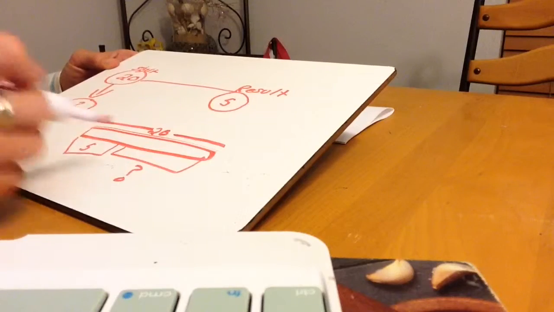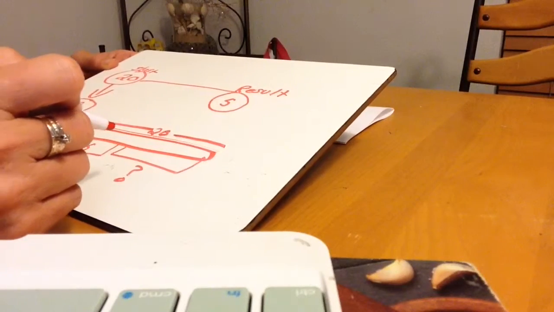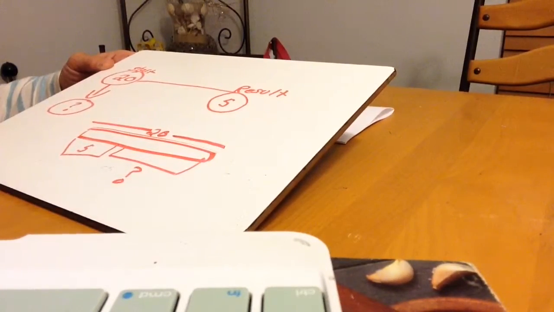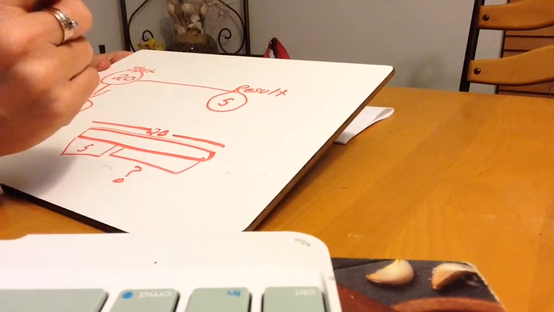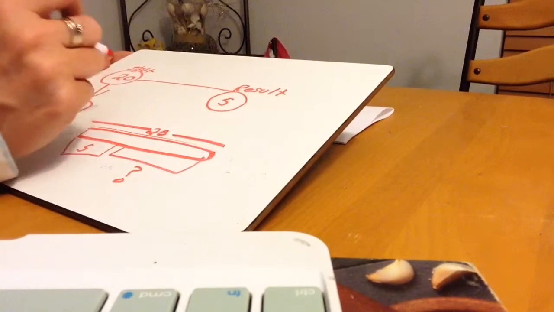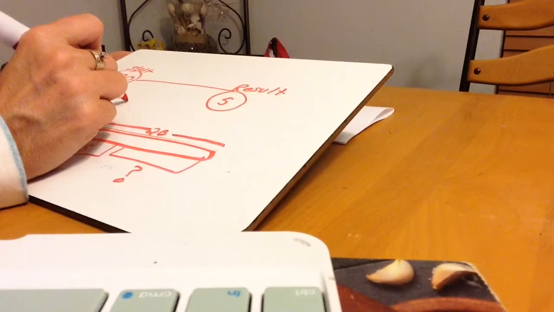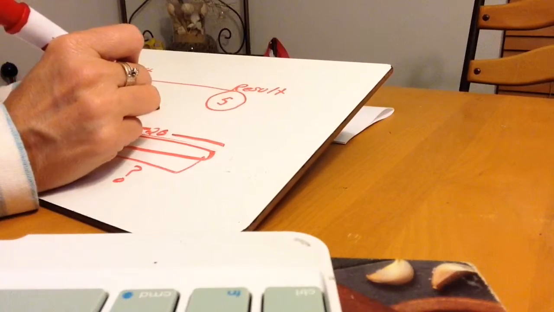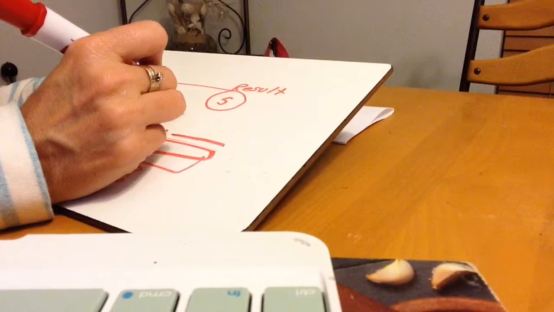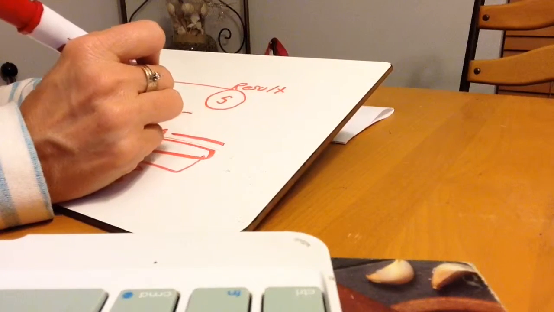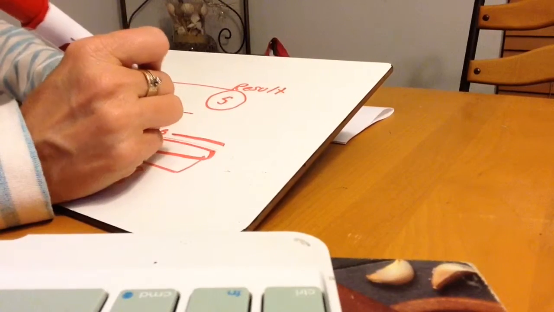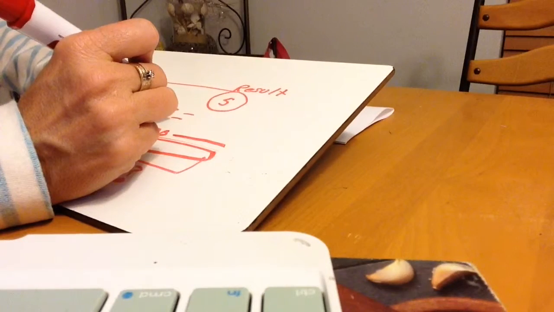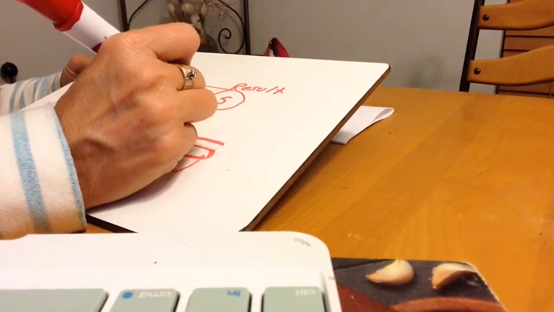So we can work that problem out. This would be the algebraic sentence: we started with 20. She took some away. And then that would have the same value as 5.